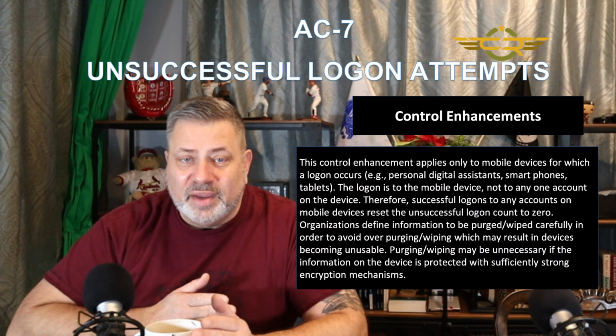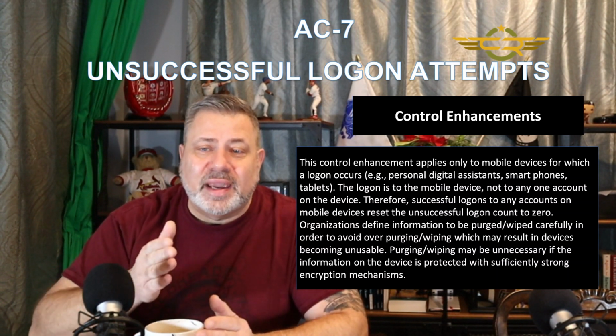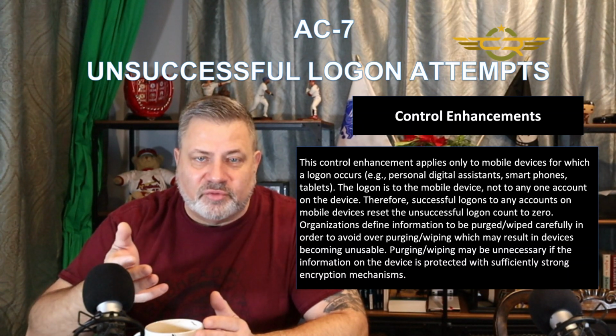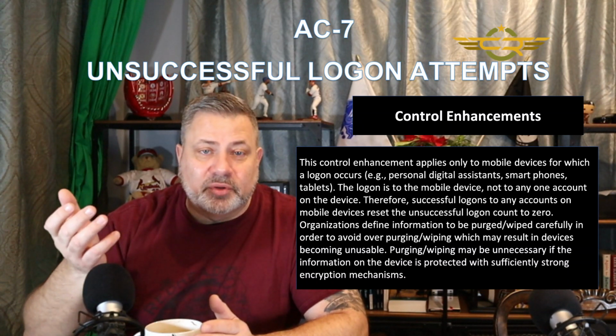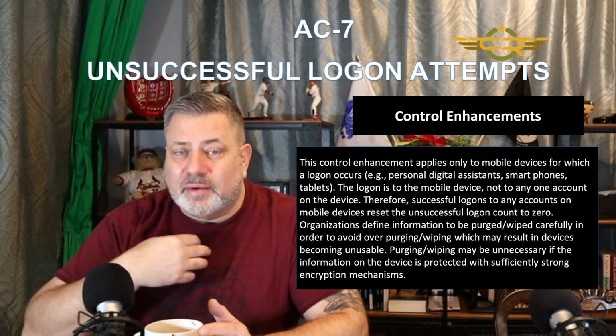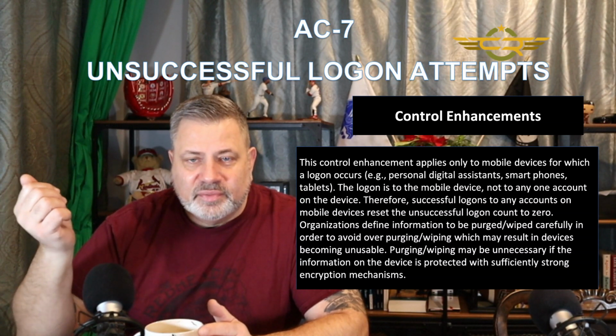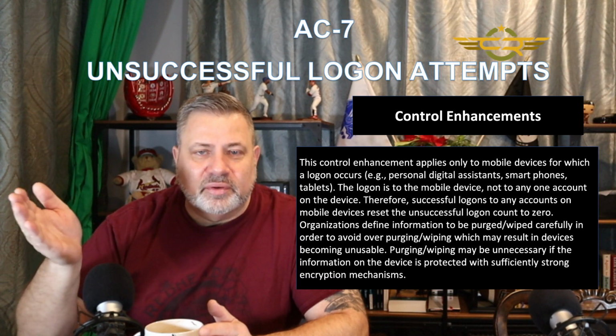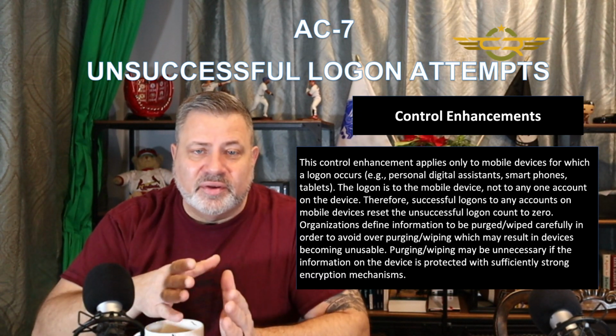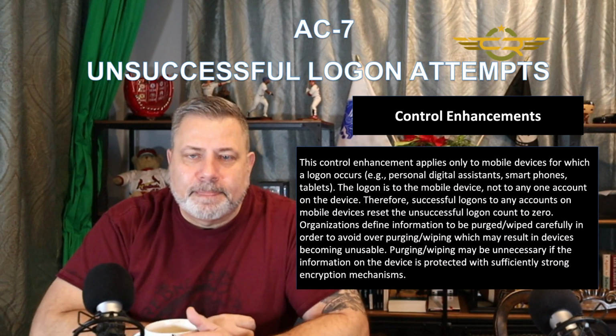That means if there are multiple accounts on a cell phone or some type of mobile device, if I log on 9 times with my account and then somebody else logs on once, then it resets that count to 0, because we're talking about the device, not the account, right?